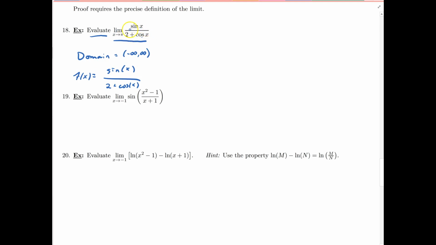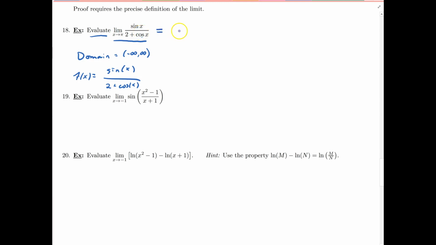And it's built up of a composition, a combination, of continuous functions. And so it's continuous wherever it's defined. And so we can simply evaluate this limit through direct substitution.